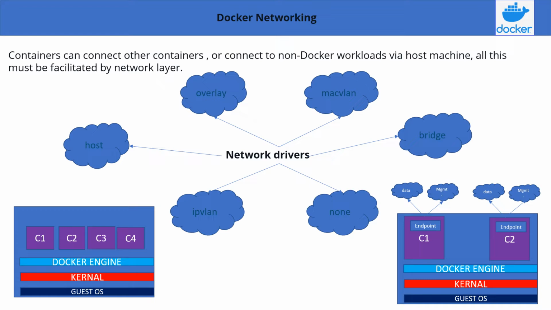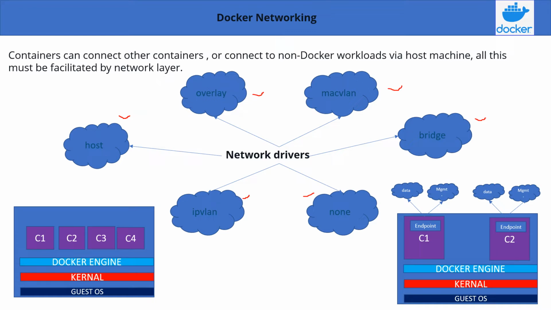Basically, these Docker containers can connect to other containers or to non-Docker workloads via your host machine. All this communication has to be facilitated by the networking layer. As you see on my screen, there are multiple network drivers that come with Docker: host, overlay, MACVLAN, bridge, none, and IPVLAN.